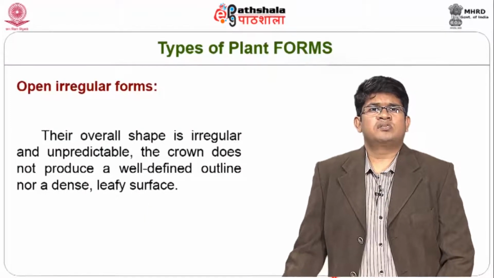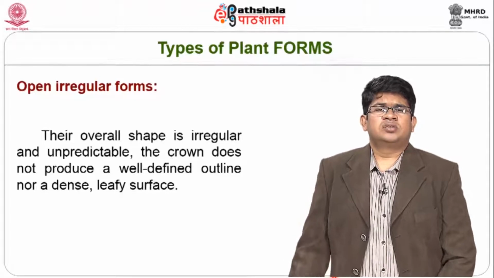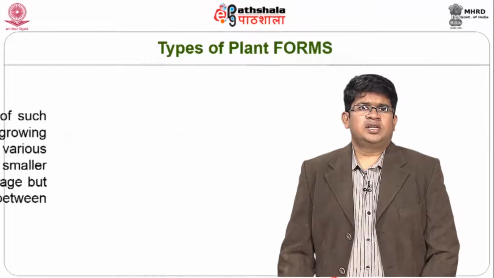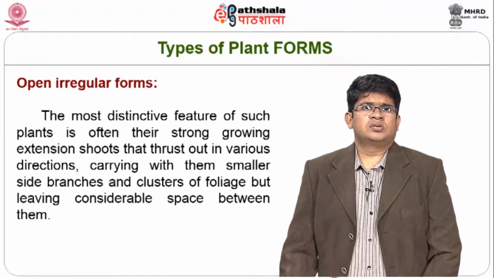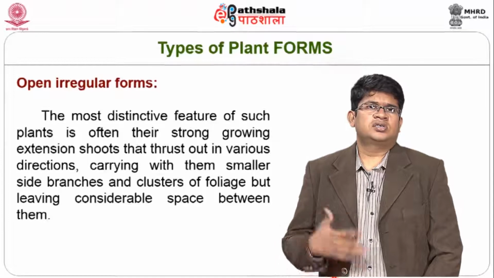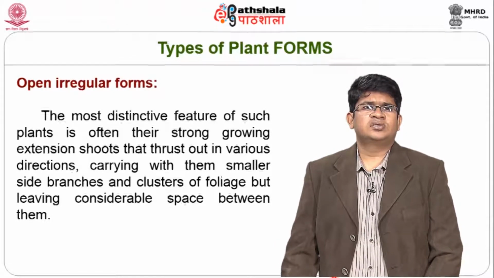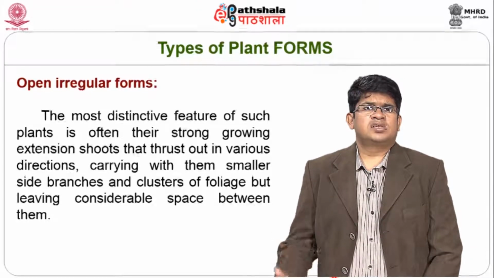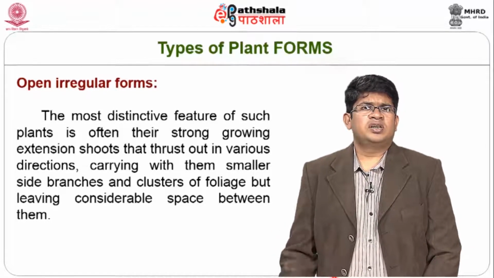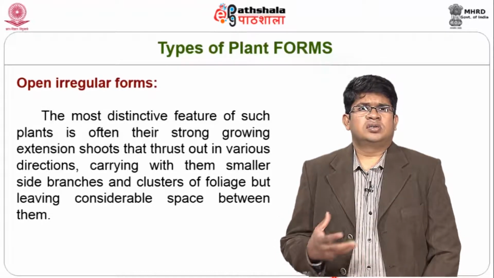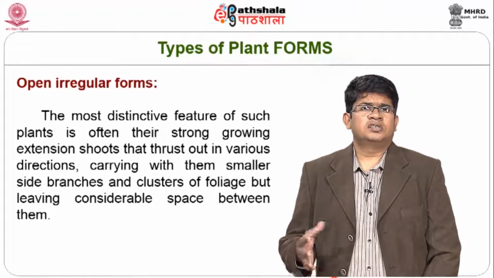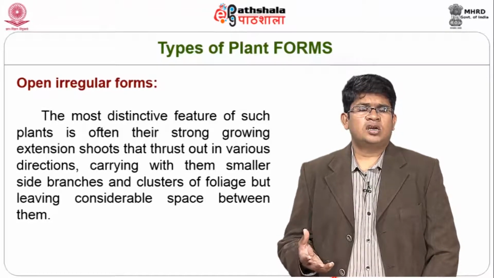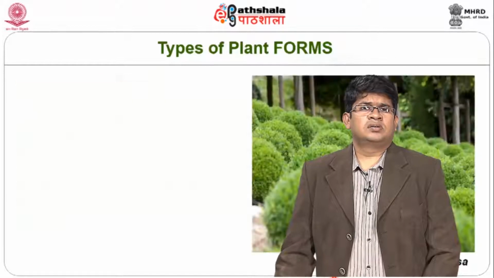The crown doesn't produce a well defined outline, so the silhouette is not very defined, and thereby it's very irregular. The shoots go out in various directions, and the side branches and clusters of foliage leave considerable space between them. So you can see a very irregular kind of expression, something that is not very symmetrical, or distinctively of a particular shape.